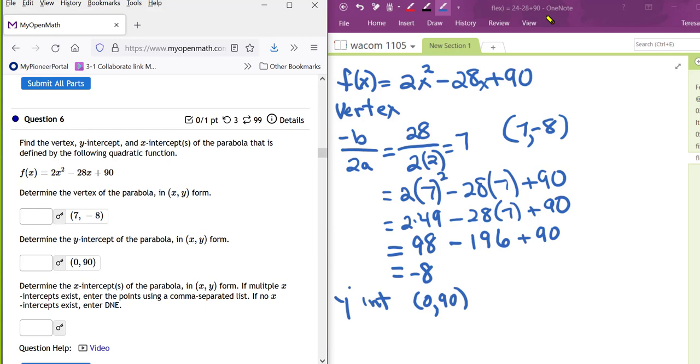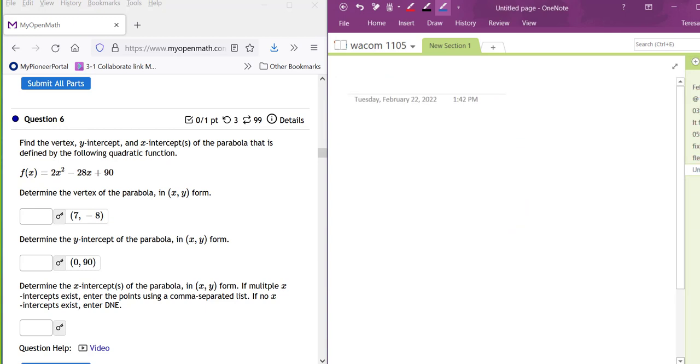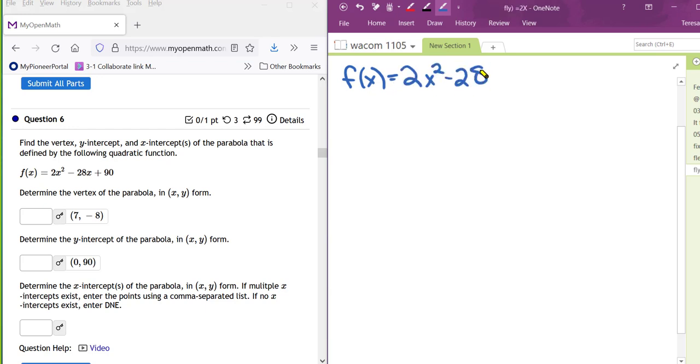Let's see where I was. Okay, x-intercept, we said this one will factor. And you can take that 2 out because all the terms are even, and you always want to watch for that.